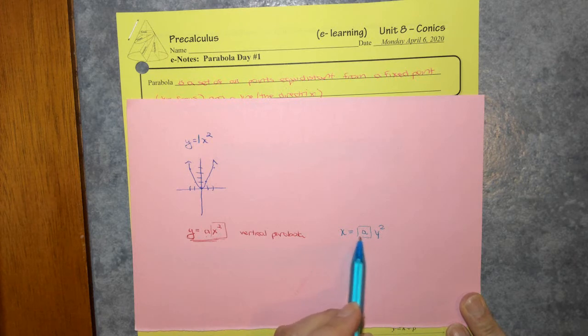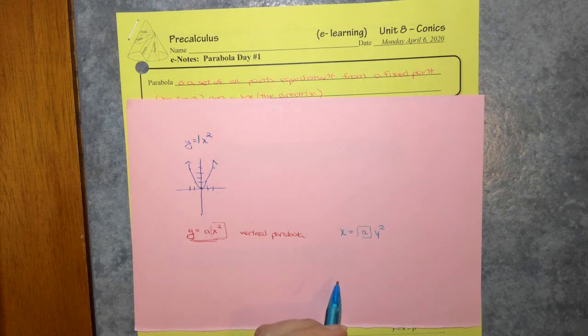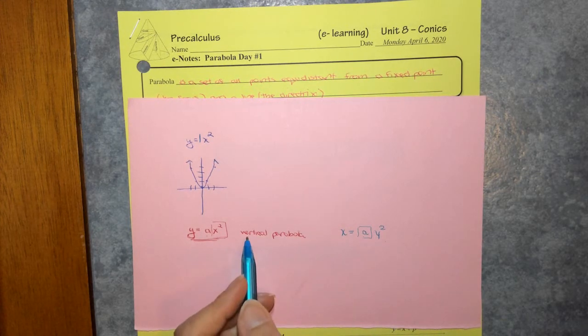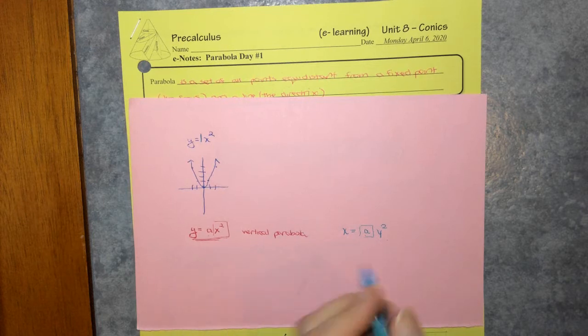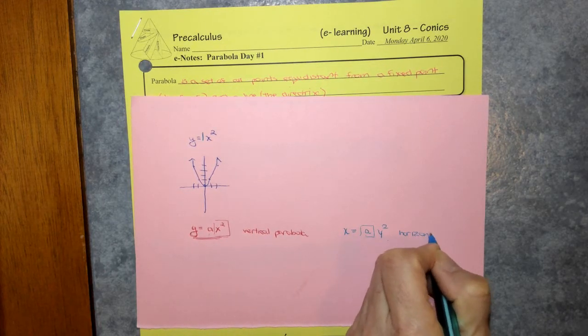There's just a coefficient here, and we'll give it some random letter that we haven't already used. Now, if we have x equals y squared, that can't be a vertical parabola. Instead, it has to be what we consider a horizontal parabola.